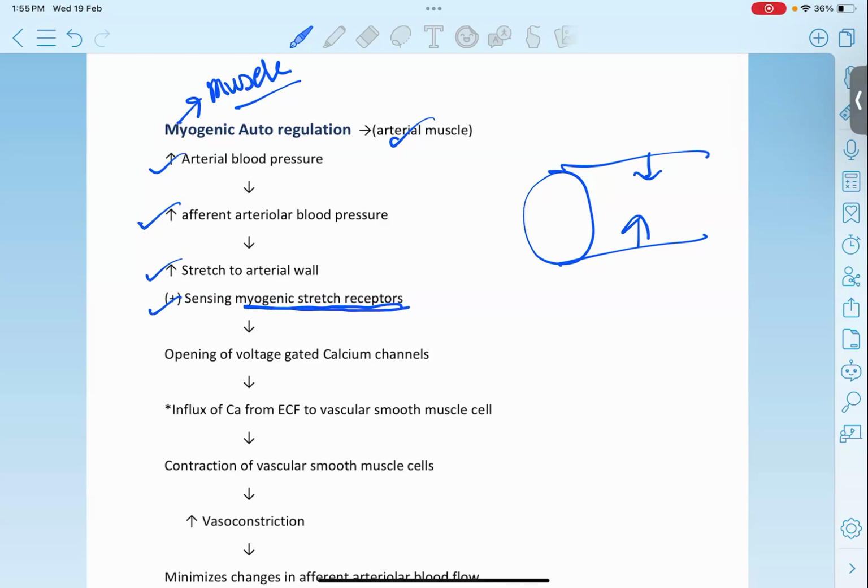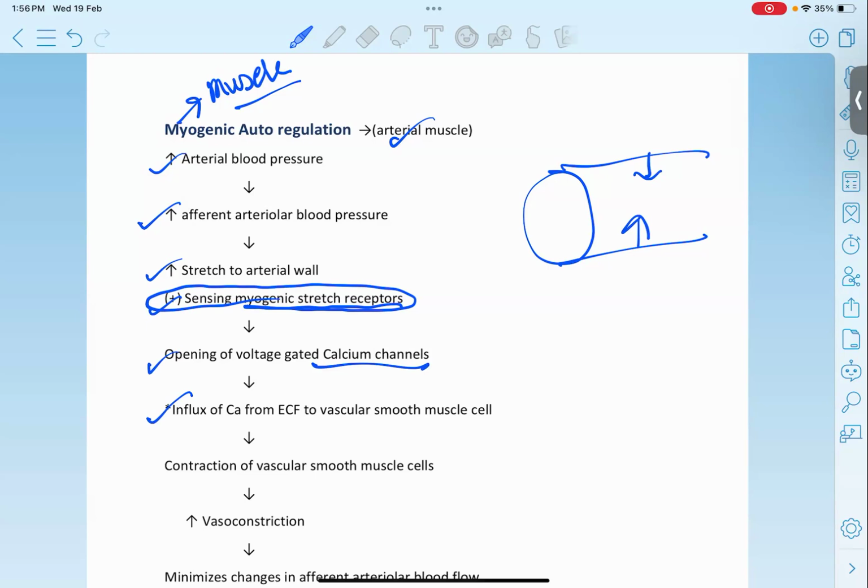When there is a positive myogenic stretch receptor, that is going to open the voltage gated calcium channel. Due to the opening of the voltage gated calcium channel, calcium will influx from extracellular fluid into vascular smooth muscle.